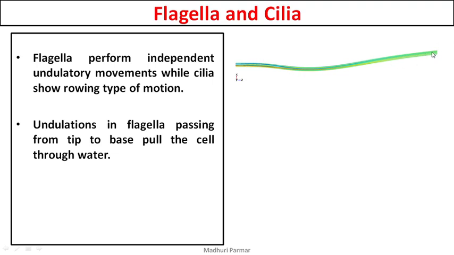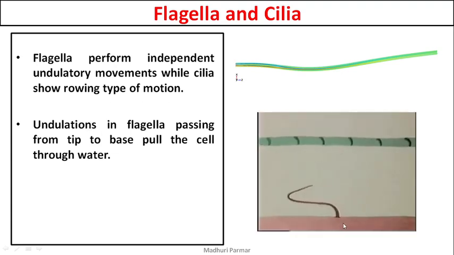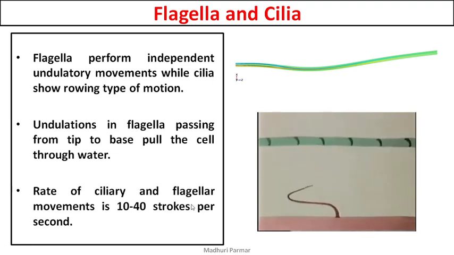Okay, the waves start from the tip and then move along, and with this movement, the cell is able to move ahead. And this is the type of rowing motion you see in a cilia. Okay, can you see it is moving like that?